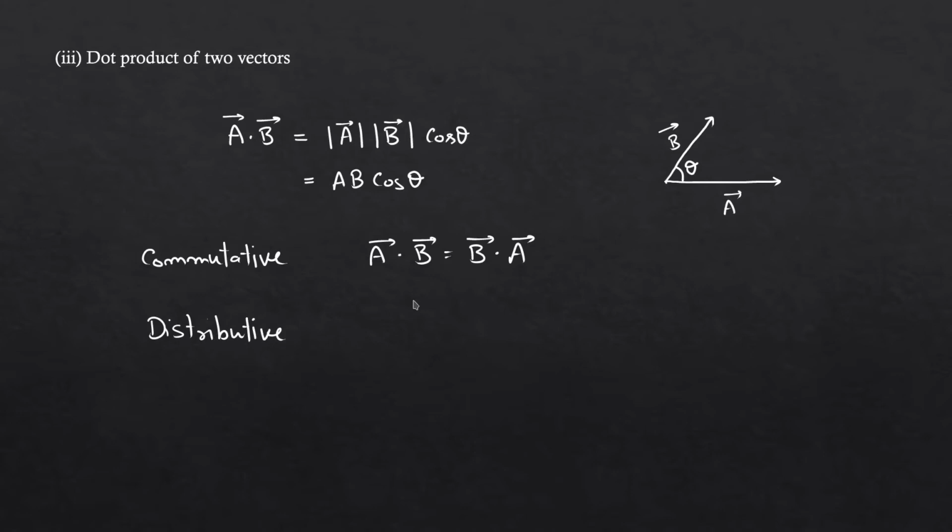That is, if you take a dot product of some vector with the summation of two vectors, you will get the dot product of these two plus the dot product of these two, that is A dot B with the first one plus A dot C with the second one.